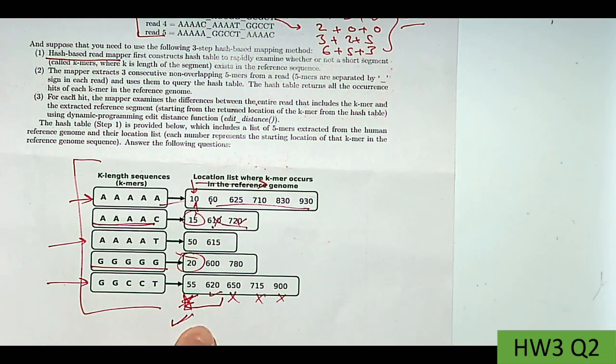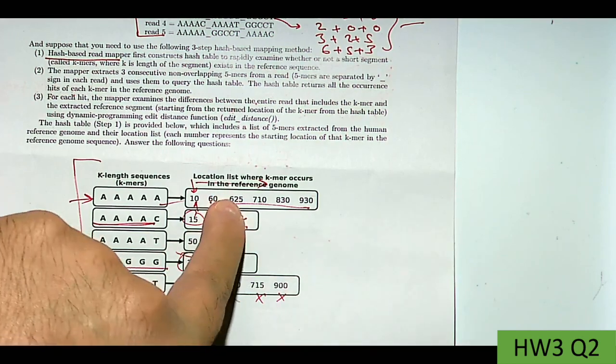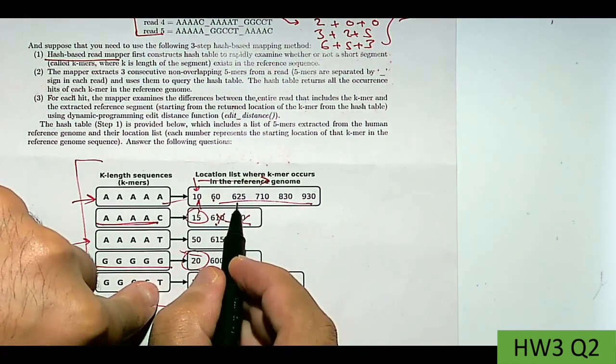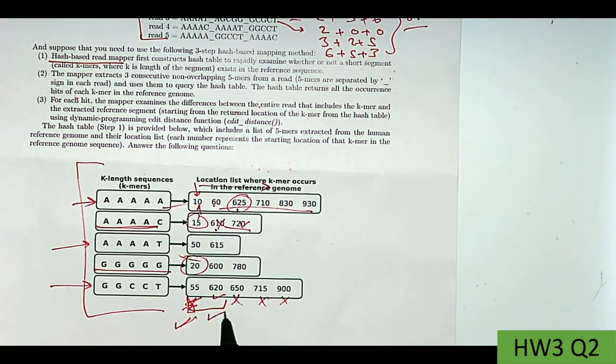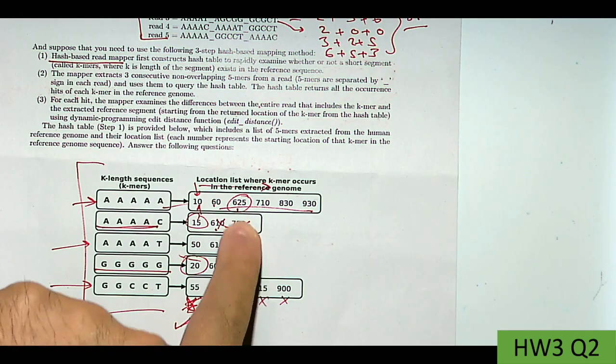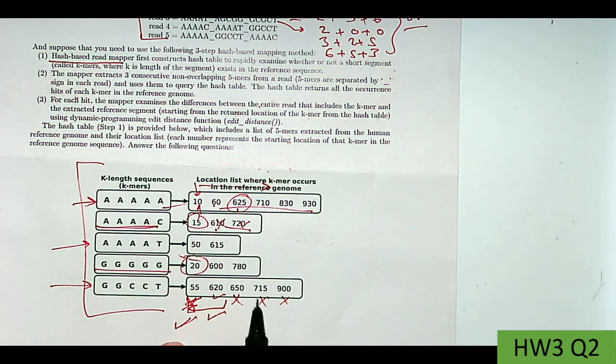potential mapping, let's call it. And now 620, we should look for 625 here, which is this one. So we have it there, so this is a correct match. Now here, 650. What's next should be 655. Do we have it here? No. Okay, anyway, we shouldn't continue, because they were not matched from the second k-mer.